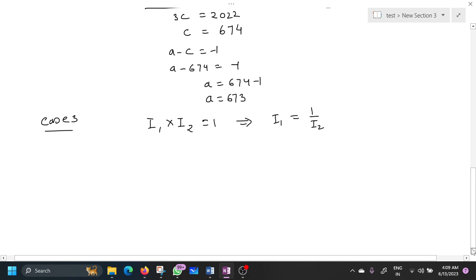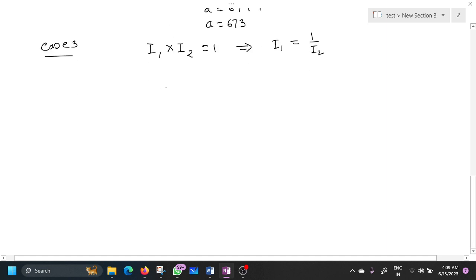Okay, so it means that if 1 minus b is multiplied by a minus c equal to 1, in this equation this is I1, this is I2, so one of the quantities has to be reciprocal of the other quantity, means 1 minus b should be 1 over a minus c, or you can say a minus c is 1 minus b. Okay, but a minus c and 1 minus b both are integers.